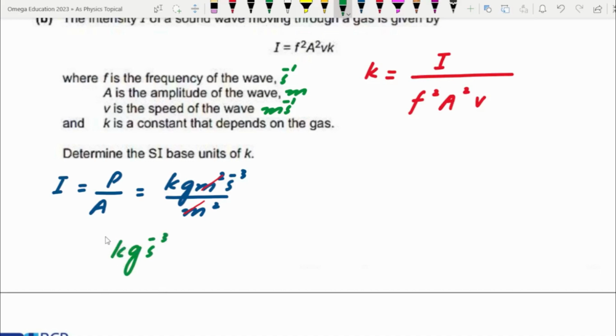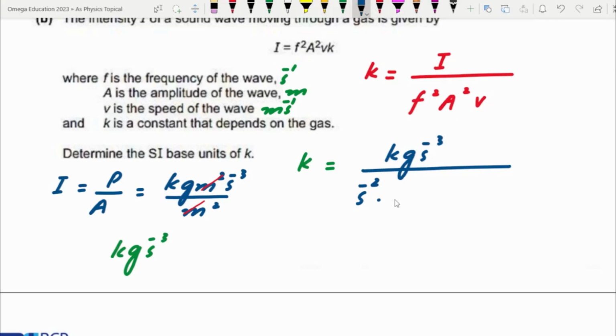Now we can use these base units for intensity all the way over here. So the units for K would be, let's plug in the units of intensity, kg s⁻³ divided by the unit of frequency, which is per second, the base unit. So per second square would be s⁻².